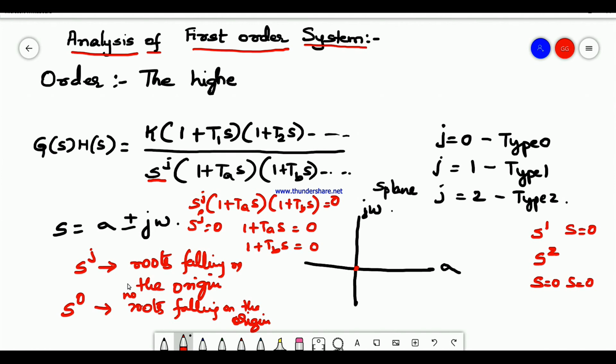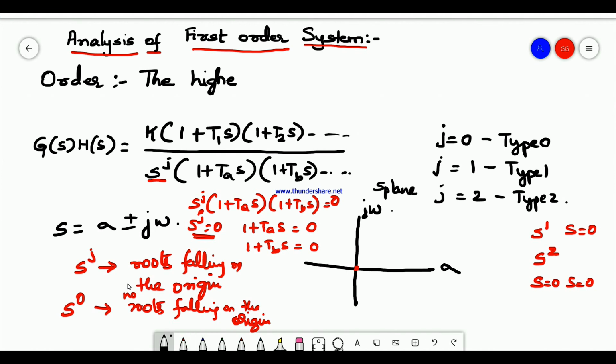Now when I say s to the power of j is 0, and the type of the system is completely dependent on the value of j, then s power 1 equals 0 means s equals 0, s power 2 equals 0 means s square equals 0, s power 3 equals 0 means s cube equals 0. So this is how you get the number of roots falling on the origin, and that is the type of the system. Now what is the order of a system? That is very important.